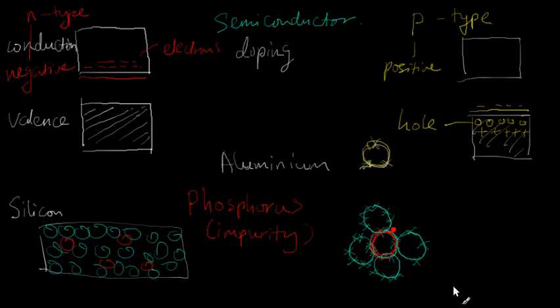Okay, so let me now talk about the PN junction, which can be used as a diode that allows current to flow only in one direction.